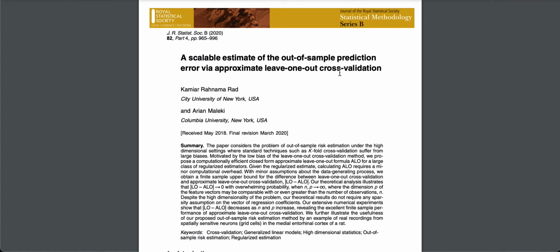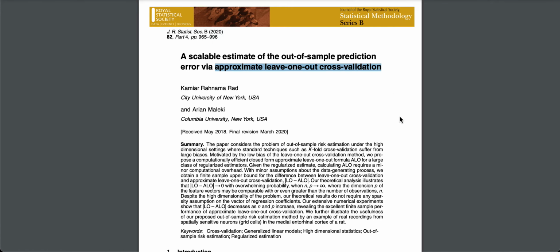But I did a lot of work on this, and I received an NSF grant to support my work, and as part of that work we published a paper which essentially presents a scalable way of calculating this leave-one-out by approximating it. It was published last summer in the Journal of the Royal Statistical Society, Series B.